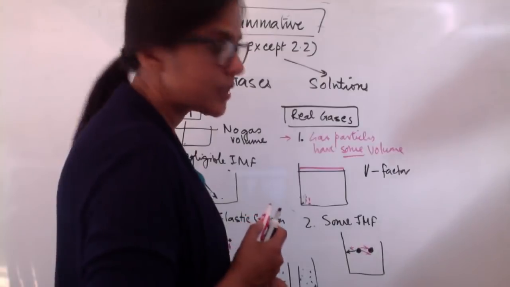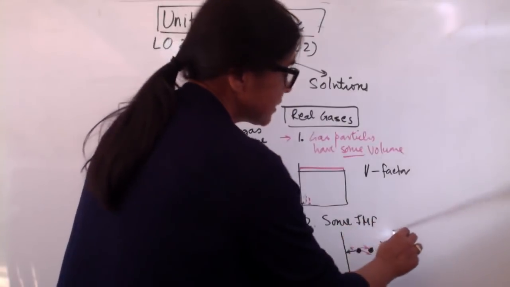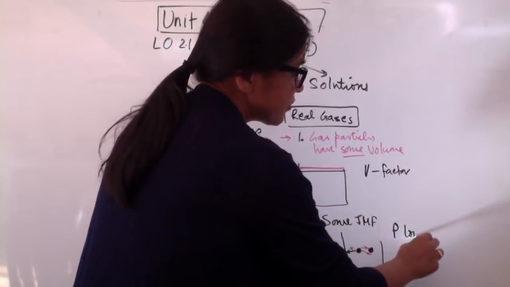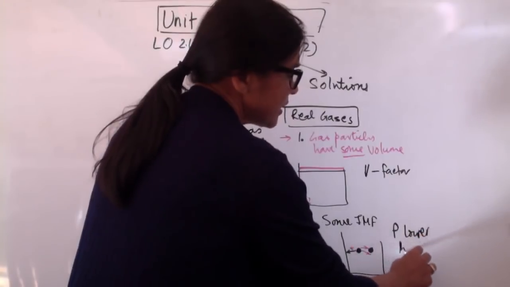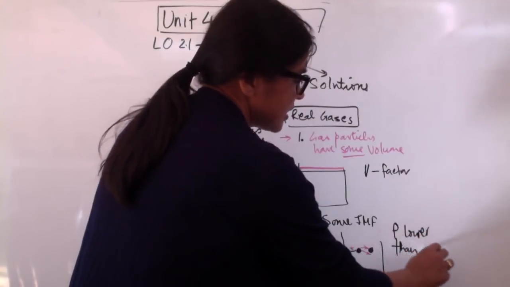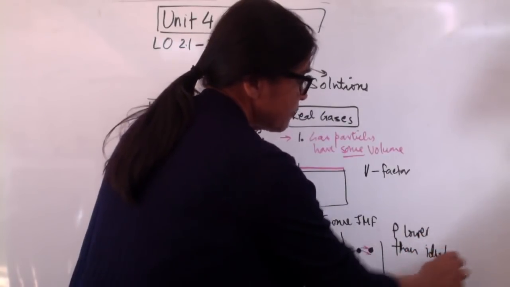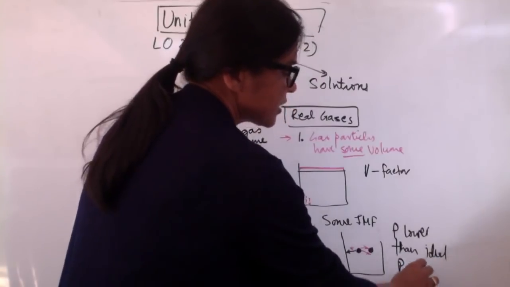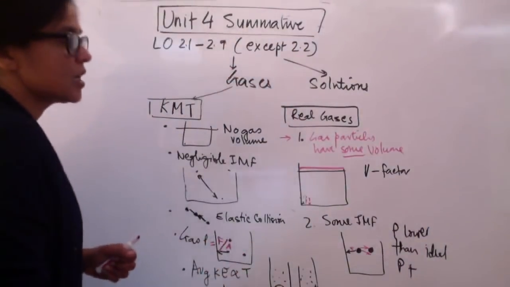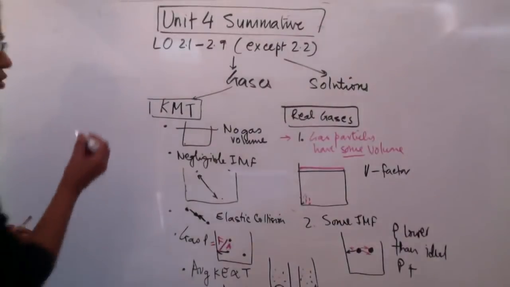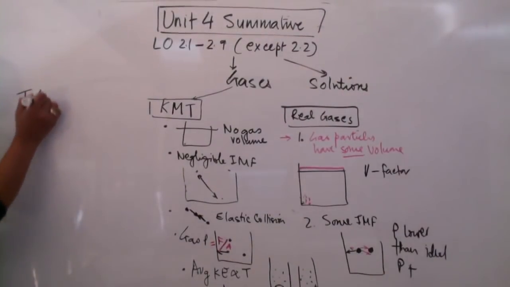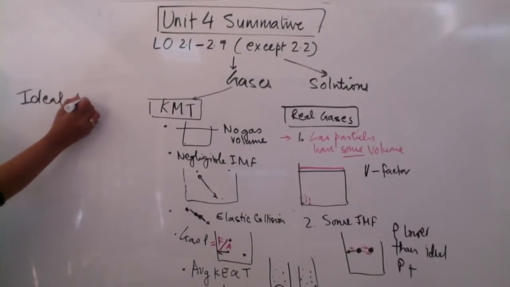It doesn't hit with the same force. As a result, the pressure of real gases is lower than ideal. And to make up for this, we add a factor to pressure. And that leads us to the ideal gas equation.